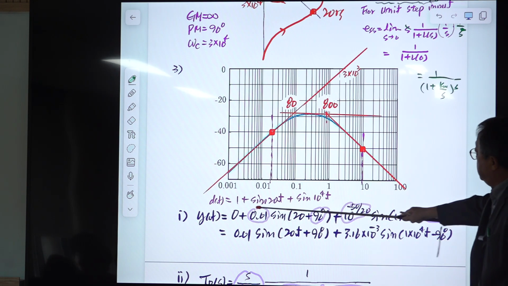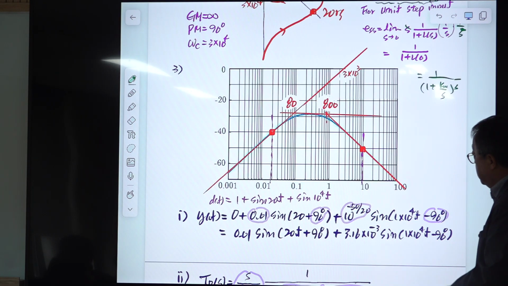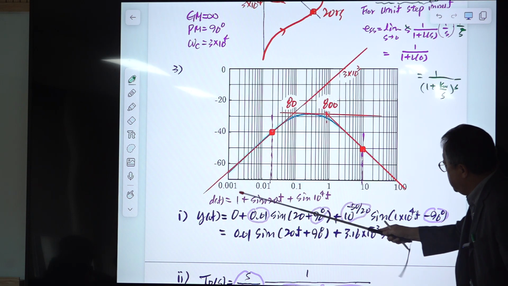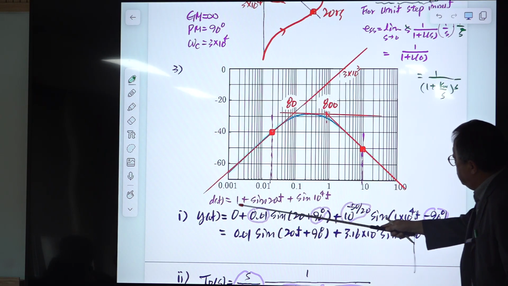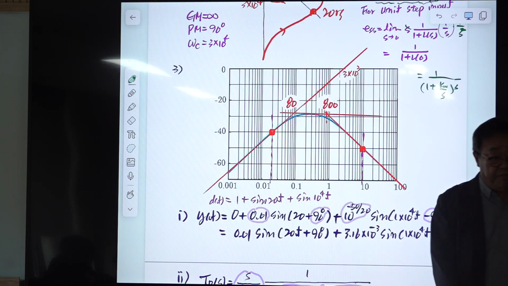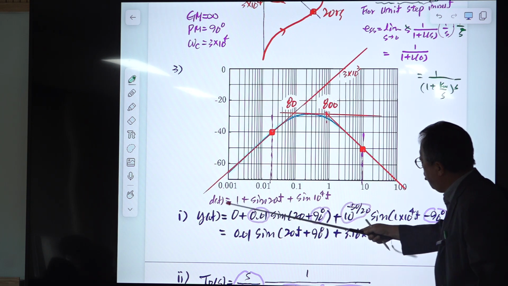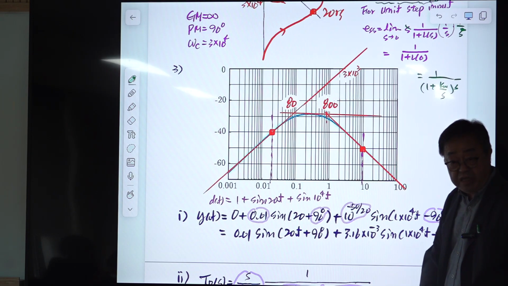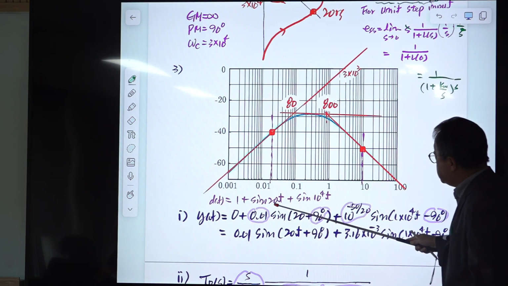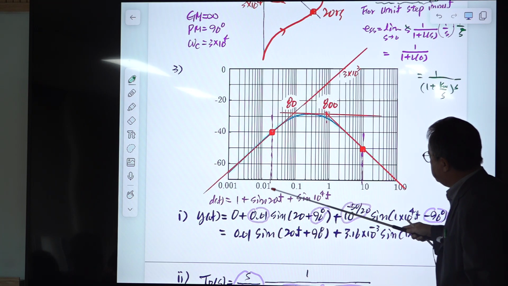And the input is this one. This is the input disturbance. The DC gain at low frequency, at zero frequency, is minus infinity dB. That is zero. At this DC point, this term is completely eliminated. At this frequency, this is 20 hertz.